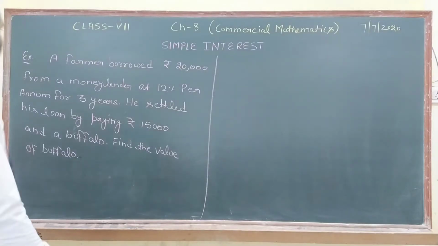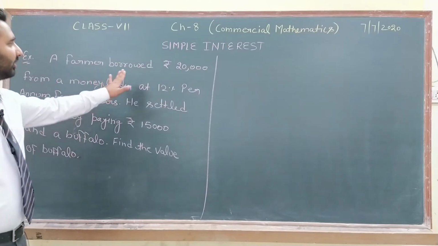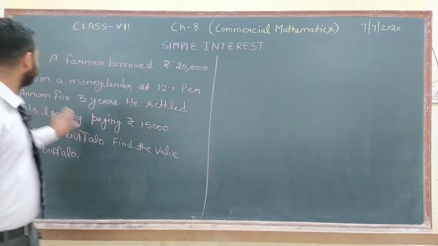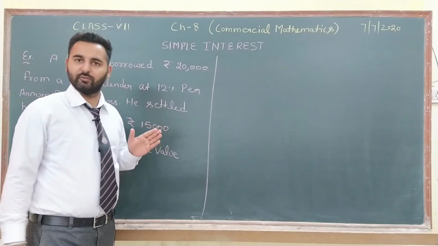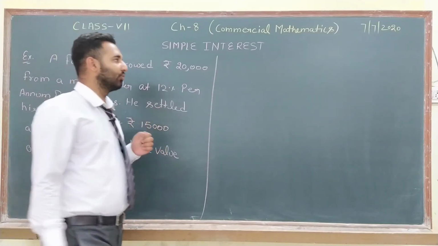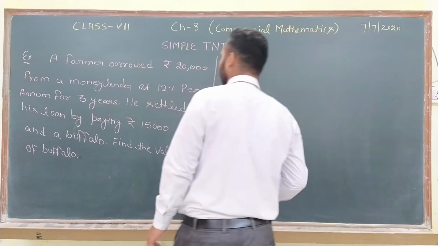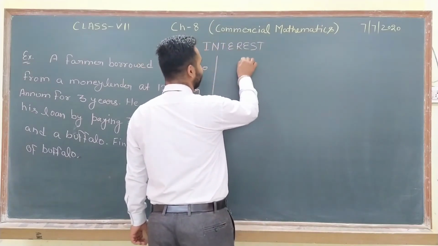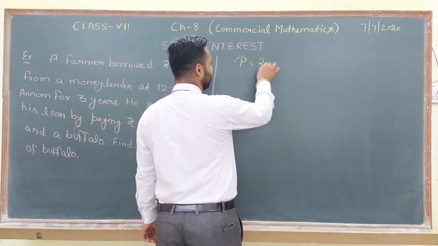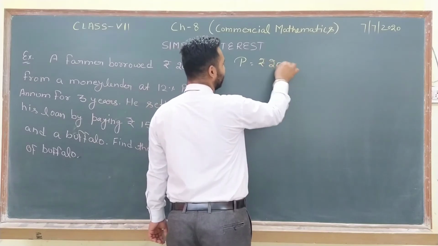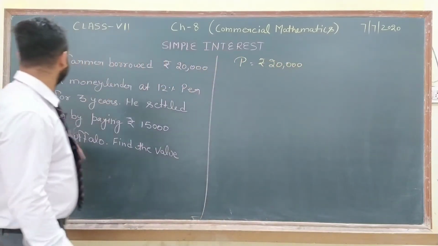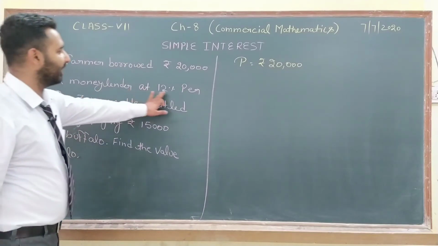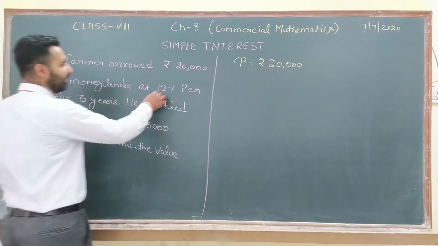Here the question says a farmer borrowed rupees 20,000 from a money lender. In the beginning I told you, the money which we borrow is known as principal. So according to this question, my principal is rupees 20,000. From a money lender at 12% per annum.